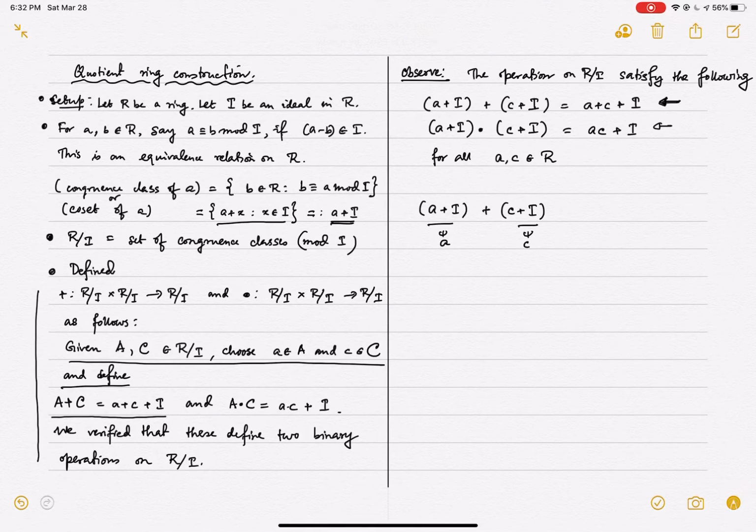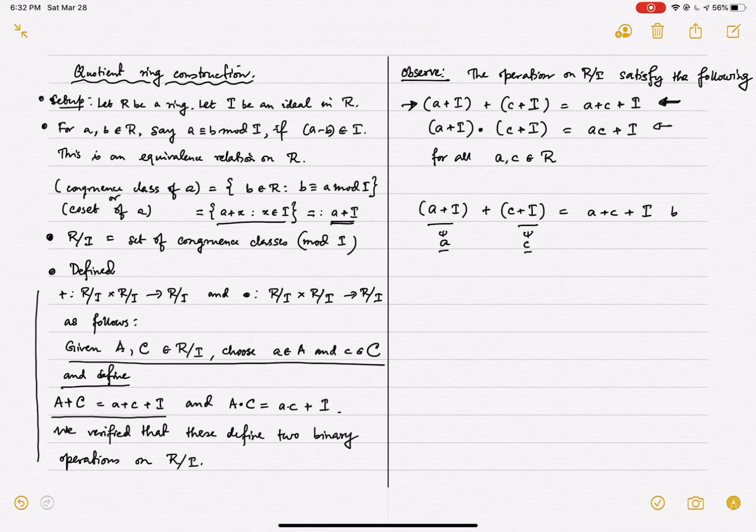So when I add these two cosets, what am I supposed to do? I'm supposed to pick a representative, and then add them, and then take the coset of that. And that's the sum. That's exactly what we are saying up here. And same for the product. So let's write this down.